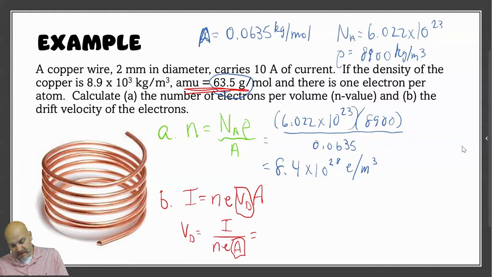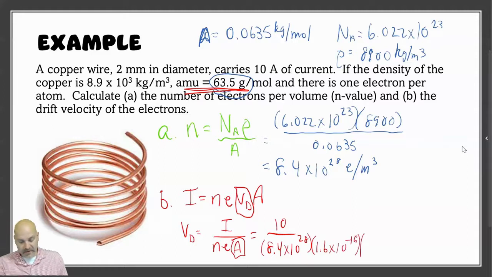So that's going to be 10 amps divided by N, 8.4 times 10 to the 28th, E, 1.6 times 10 to the negative 19th, and then our cross-sectional area, so pi times 0.001, because they give us a diameter. We need to cut that in half to give us a radius.